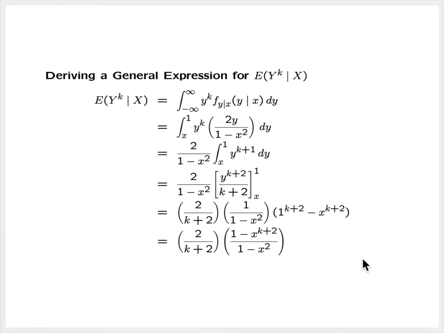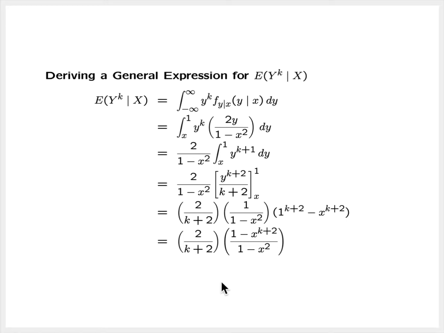Now to find the mean and the variance and hopefully the skewness and the kurtosis, again we're going to derive general expressions for the expected value of y to the kth power given x. So the general expression for the kth raw moment of the conditional distribution of y given x.